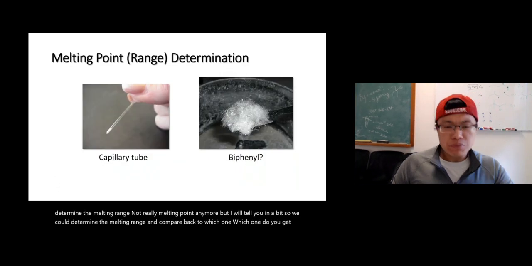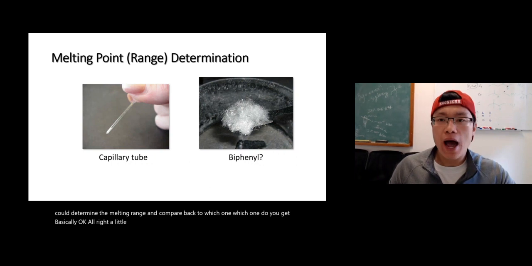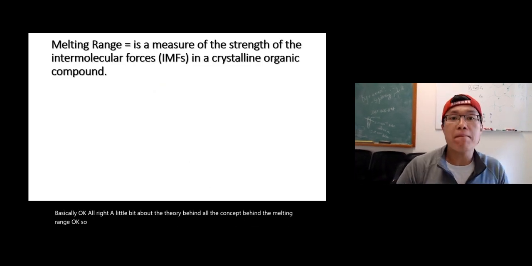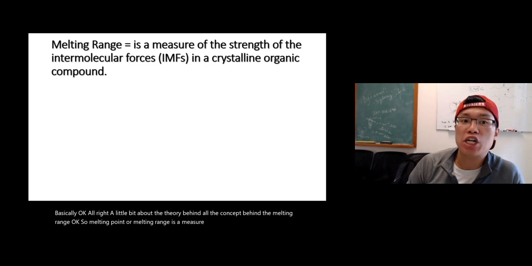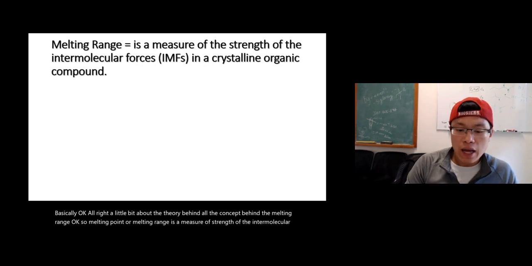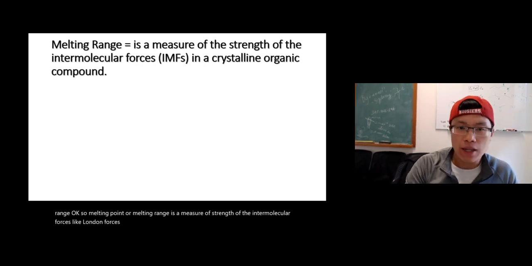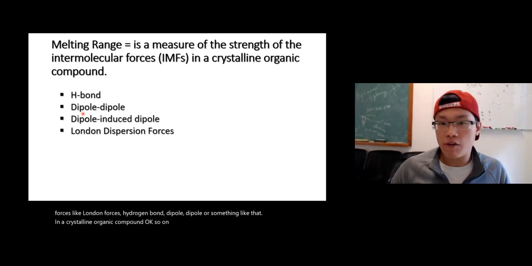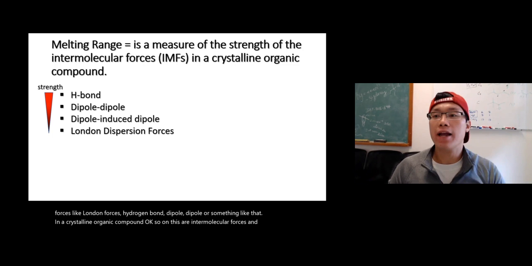A little bit about the theory, or the concept, behind the melting range. Melting point, or melting range, is a measure of the strength of the intermolecular forces, like London forces, hydrogen bond, dipole, in a crystalline organic compound. These are intermolecular forces, and you know the strength goes up like that.